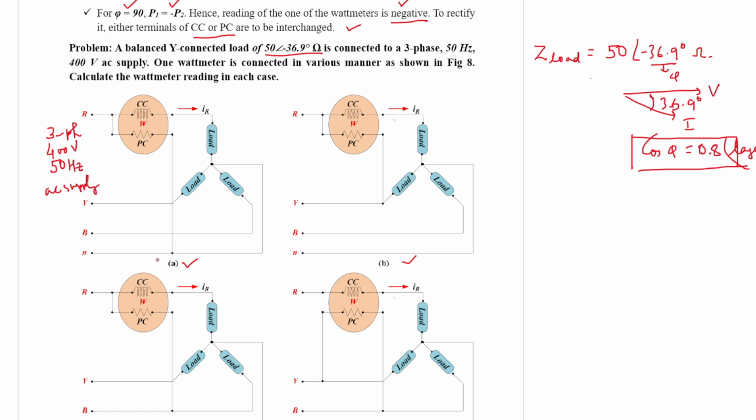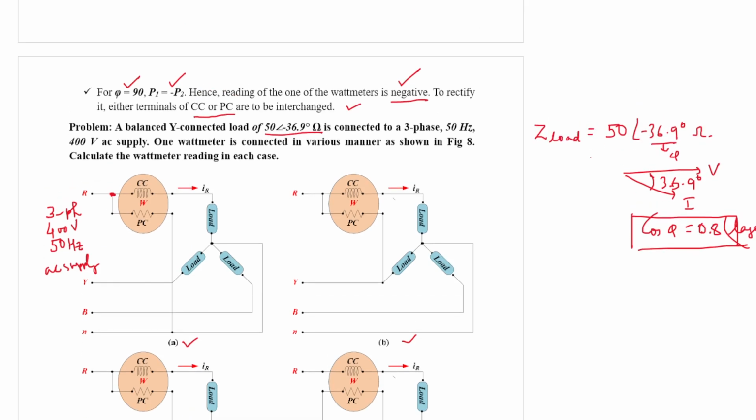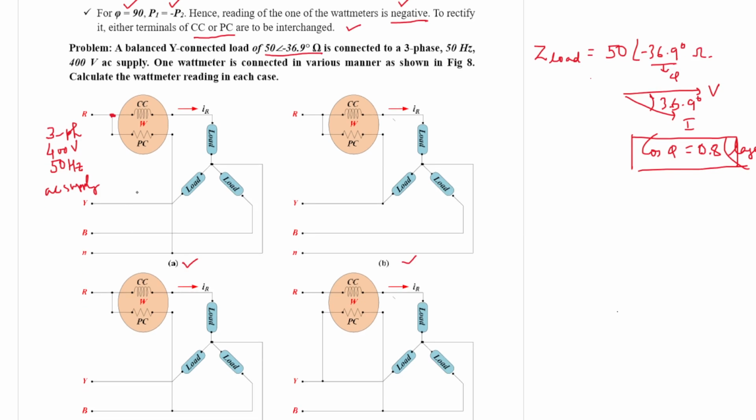If you consider figure A, you see the current coil is connected to the R phase in series. However, the pressure coil of the wattmeter is connected across R and N. N means neutral. It is an example of a 3-phase 4-wire system.